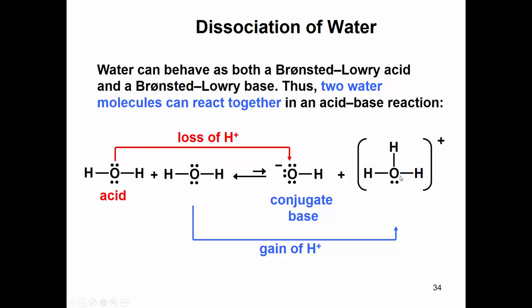So I want to ask you a question here. So you form hydroxide and hydronium when water reacts with itself. Okay, notice our equilibrium is lying towards just the water molecules. But there is a small percentage that is going to dissociate or react. And hydroxide, what do you think of when you think of hydroxide?